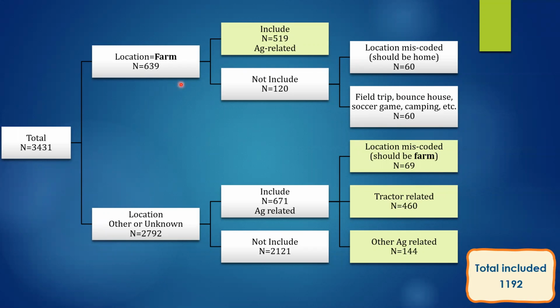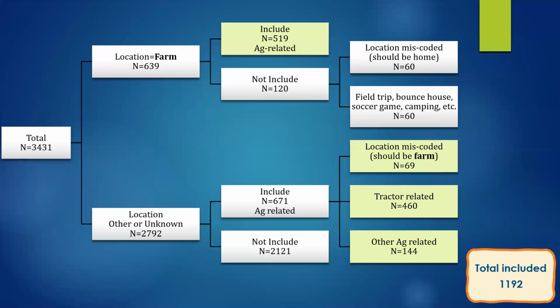There were 639 injuries on a farm. After the narrative search, we excluded 120 cases. They were either farm injury, home injuries, exercise-related injuries, or field trip-related injuries.